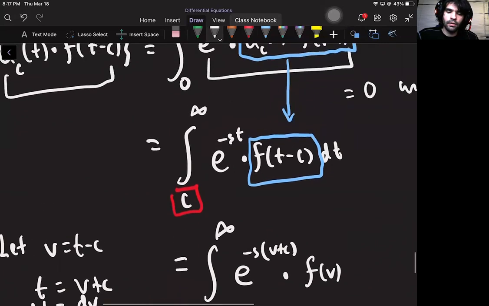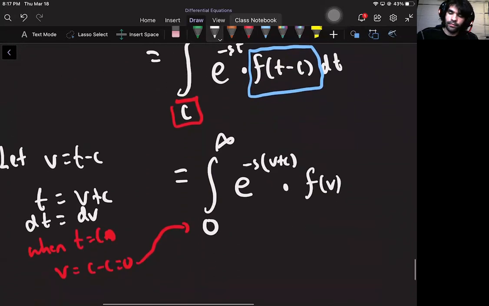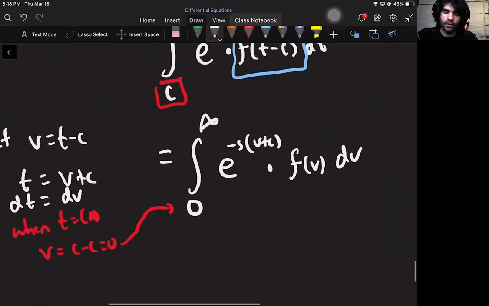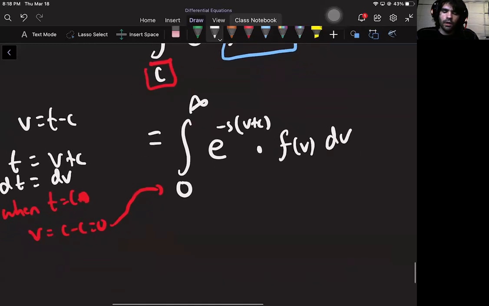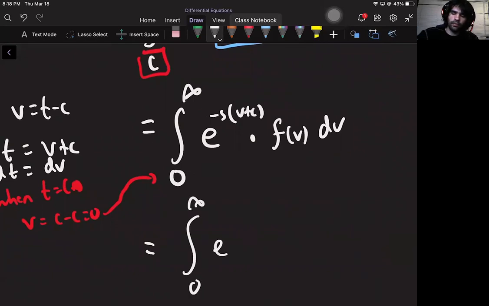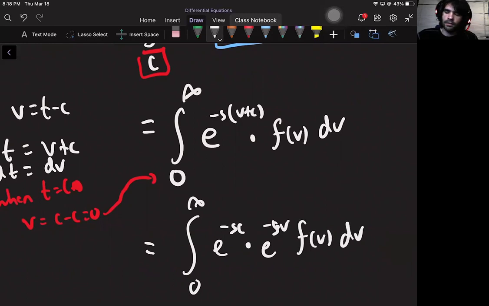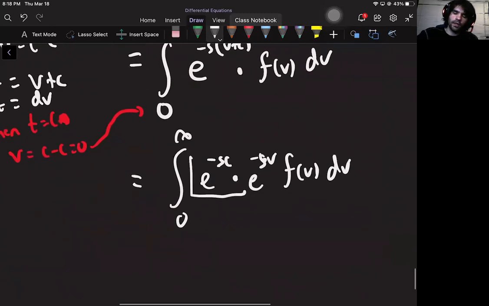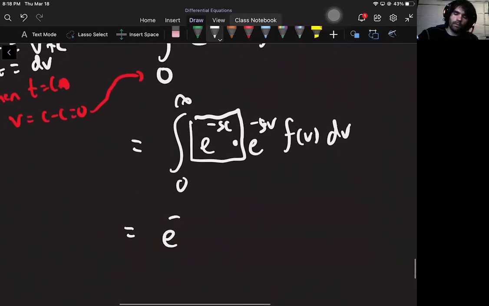c is just a nice constant number. Don't have to worry about that. It goes away and becomes 0. But I can take out the negative sc, and because this is an integral in terms of v, and this thing has no v's in it, I can just pop it out to the front.